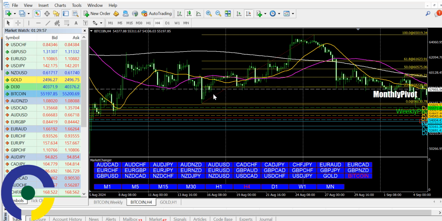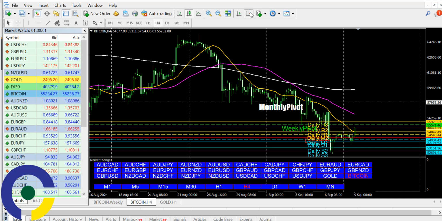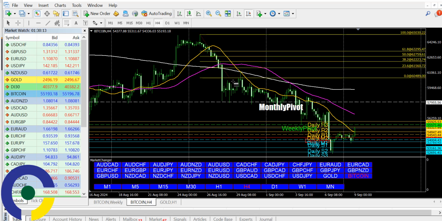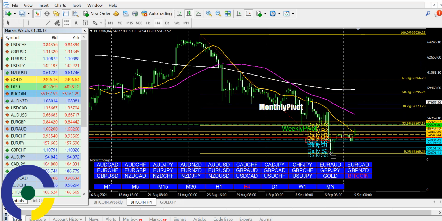And use the Fibonacci tool here with the moving averages. So with what we have here, it's bearish, of course, for Bitcoin. So if we consider the fall from 65,000 down to what happened last week at 52,500, so we are looking at Bitcoin rising up to 58,000 within this week, and around 58,000 you want to sell.